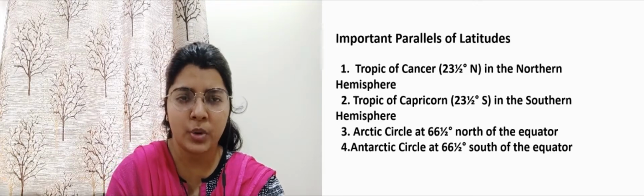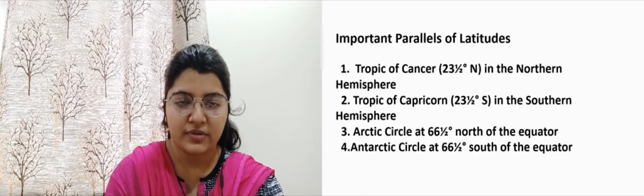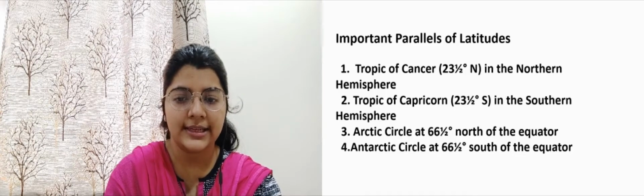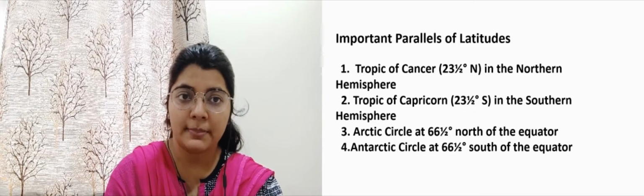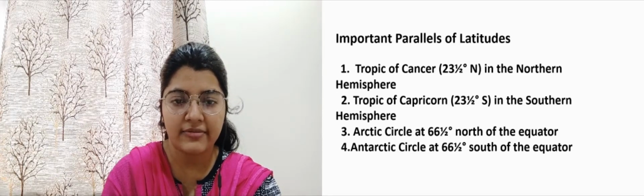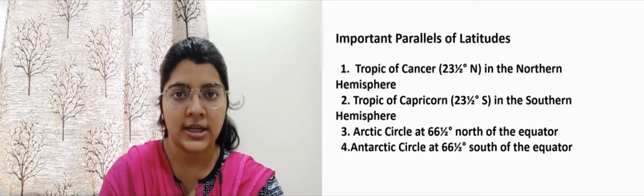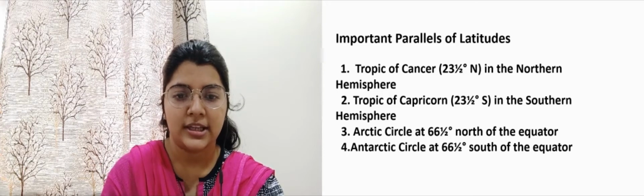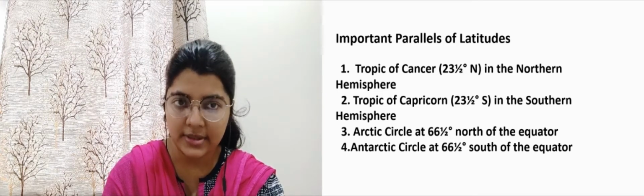Next we have some important parallels of latitude: the Tropic of Cancer, Tropic of Capricorn, Arctic Circle and Antarctic Circle. These are the 4 names which you need to remember along with their degrees. The Tropic of Cancer is at 23.5 degrees north, in the northern hemisphere. The Tropic of Capricorn is at 23.5 degrees south, in the southern hemisphere.